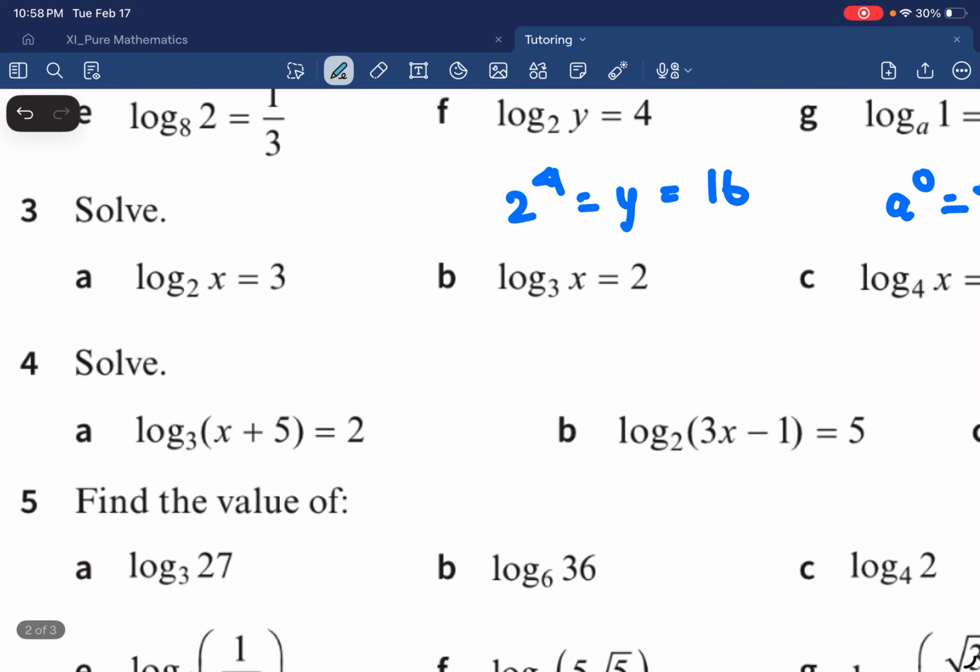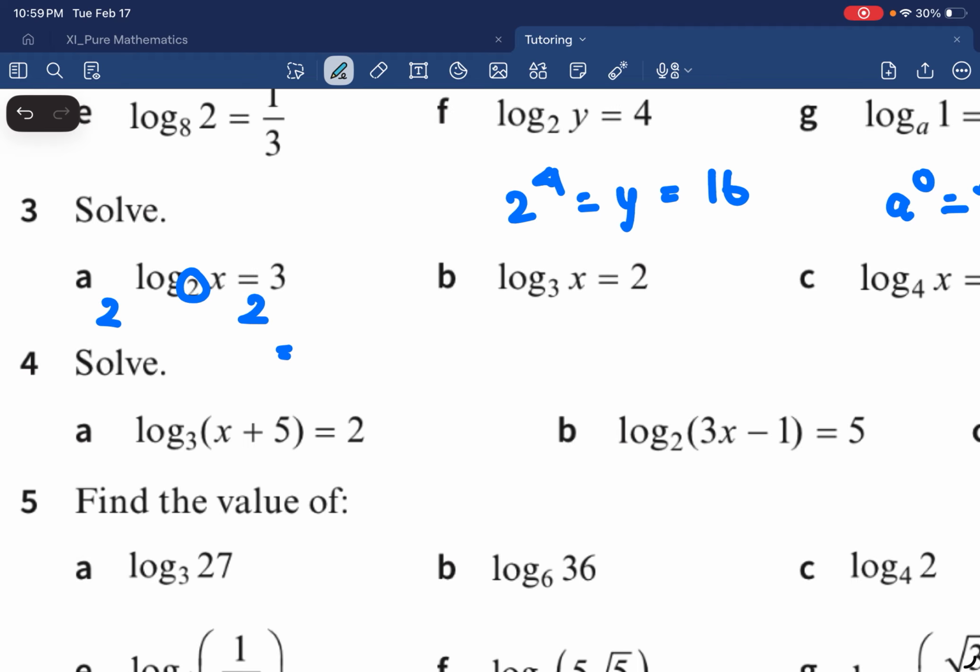It says solve. If you have a log equation, as we previously discussed, you want to put these values as the exponents of your base. So you say 2 to the power log base 2 of x is equal to 3, so 2 to the power 3.